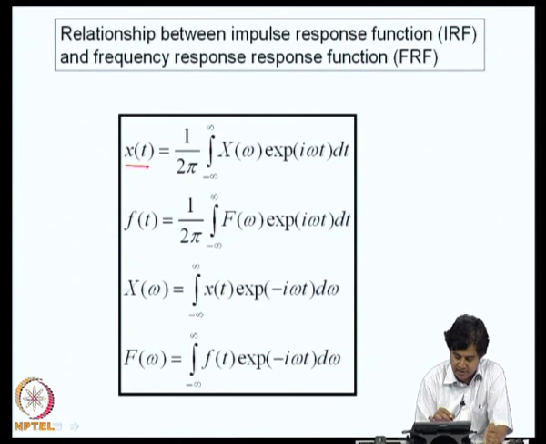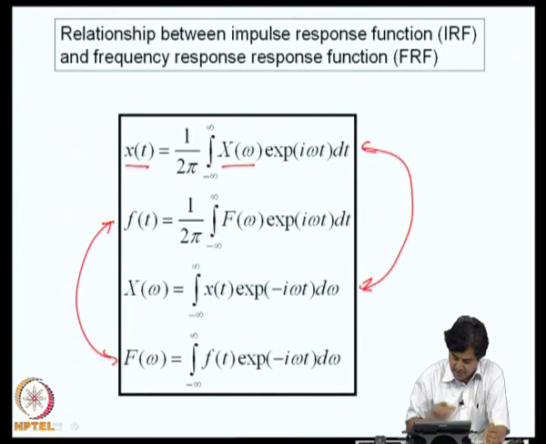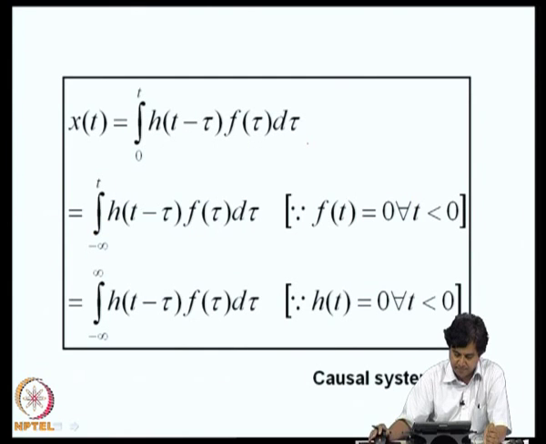Suppose x of t is the time signal and x of omega is the Fourier transform, they are related by this pair of relations. Similarly, this is the Fourier transform description of the response, and this is the Fourier transform description of the excitation. Let us see what we get from this. This omega, please note, is not the natural frequency, it is the frequency parameter used in defining the Fourier transform.